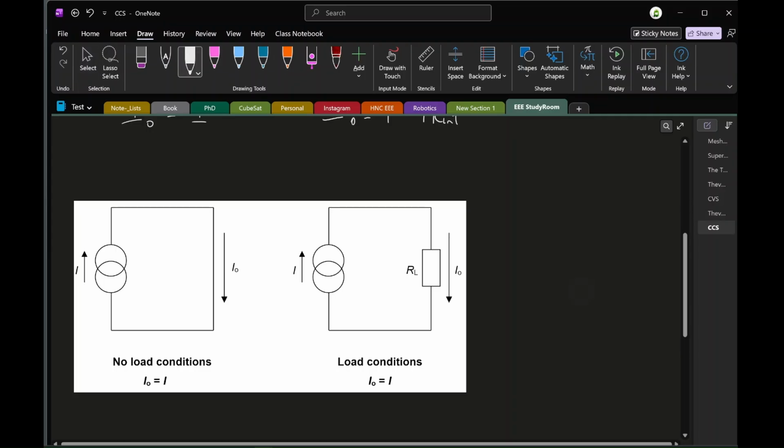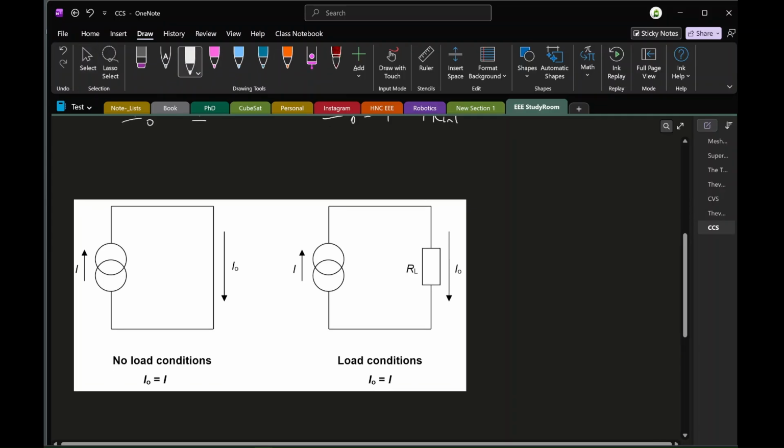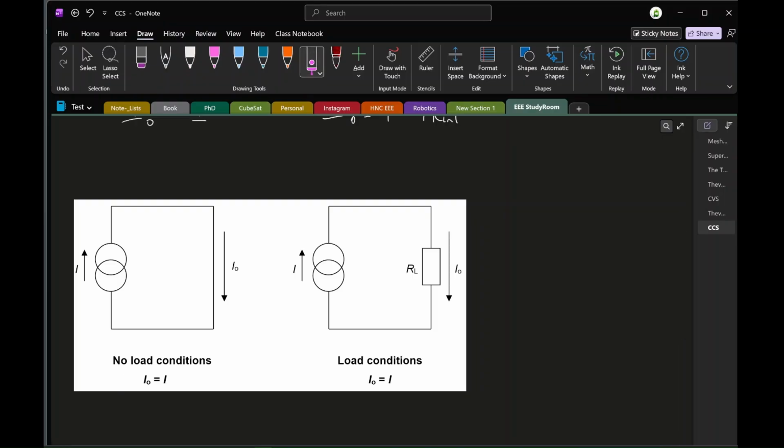And under no load conditions, the same thing applies: I naught equals I. And under load conditions, we get the exact same condition. So under ideal conditions, the value can be considered to be infinite.